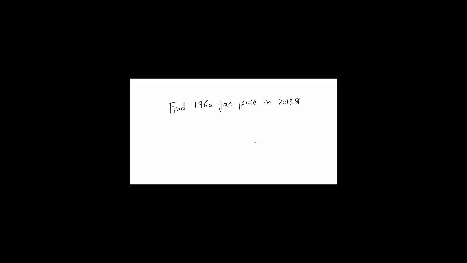One strategy is this: just bump up or increase the 1960 gas price by exactly the same amount by which average prices increased between 1960 and 2013. For that purpose, we need to find the average prices in 1960 and the average price in 2013. And we are talking about only US prices here. So here's the general rule. Average prices are given by CPI, and data on CPI is collected by BLS.